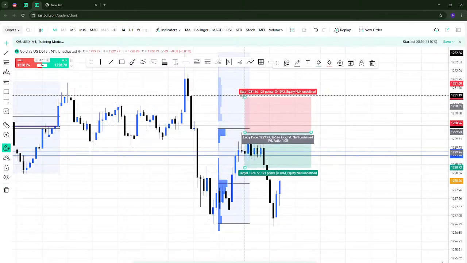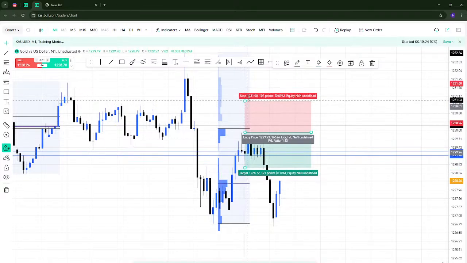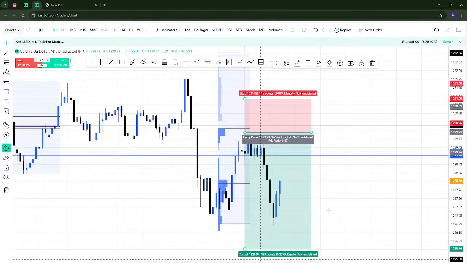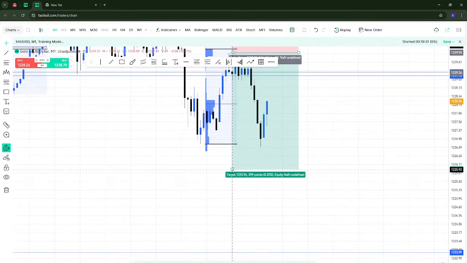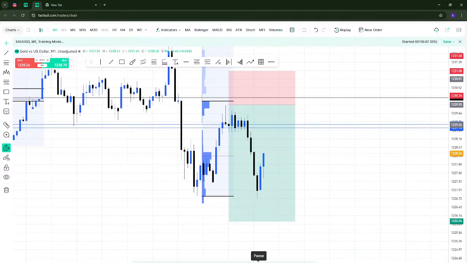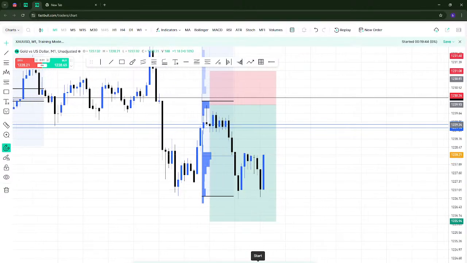Sometimes you don't have to wait, you can just give it a 10 pips stop loss, then continue targeting your same objective. The objective is the same. I don't know why it's not moving. Okay, sometimes this data doesn't work.